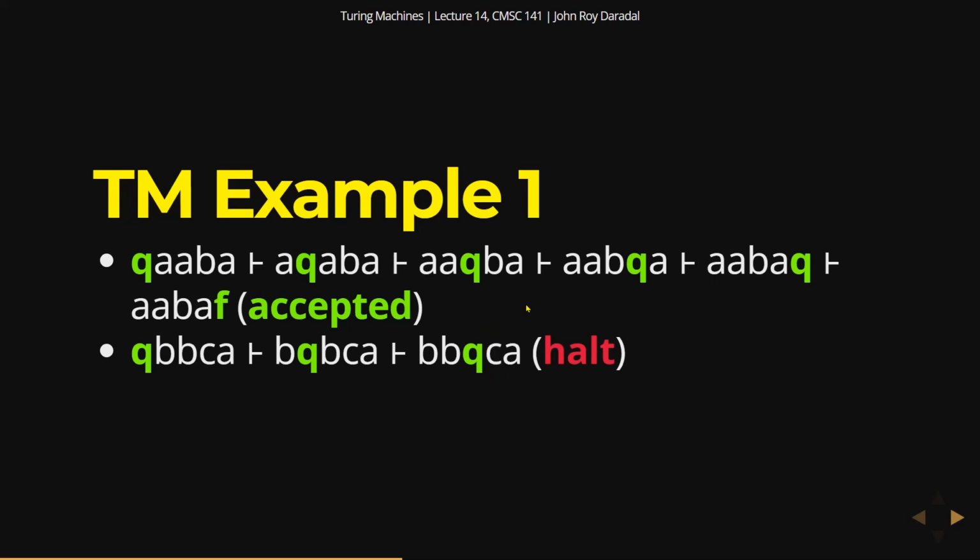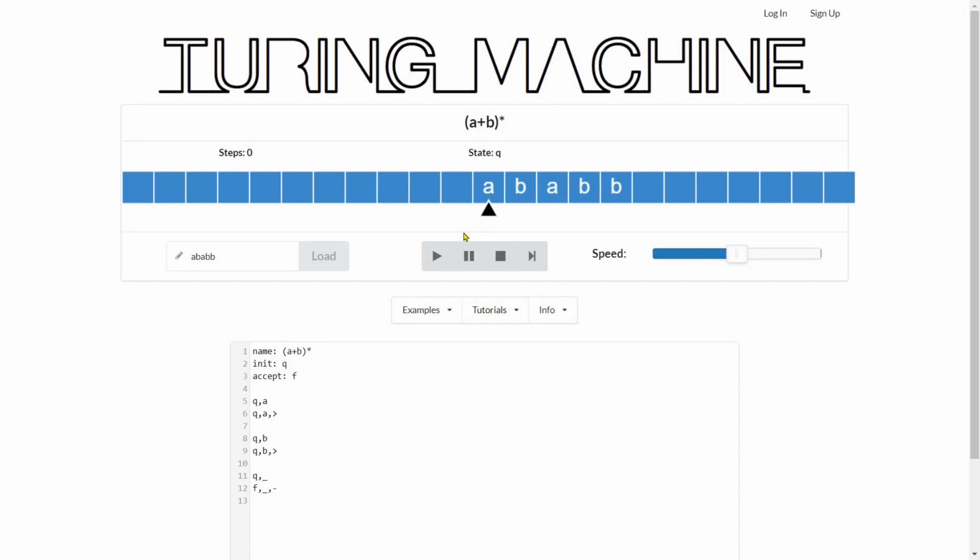Okay? So let me show you an illustration, a demo of how it looks like. So how about A, B, A, B, B? It will just be simple. It will just pass through it, B, B, and then at the end of the string, it will stop, and it's accepted because it's now in state F. Okay?